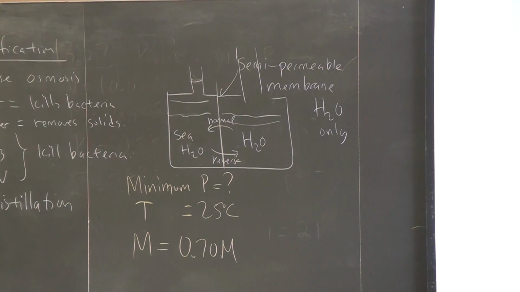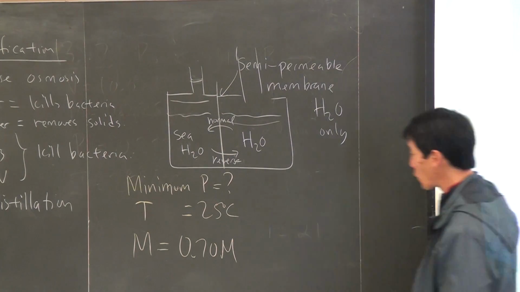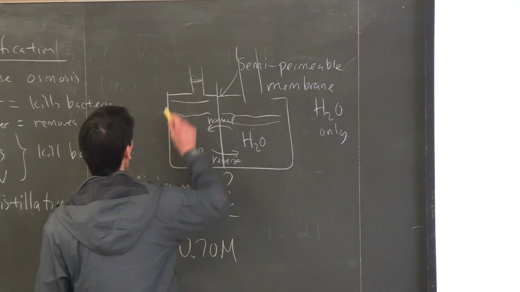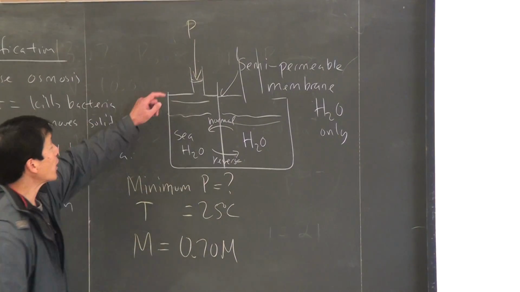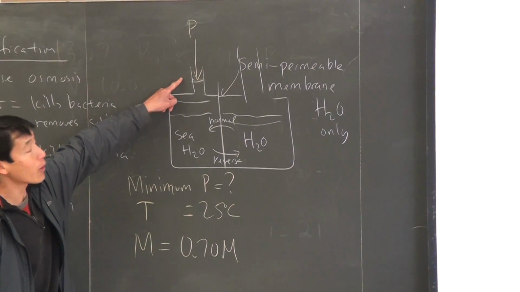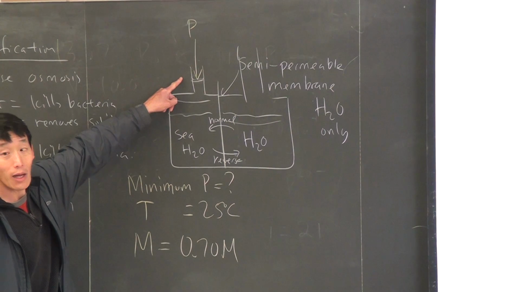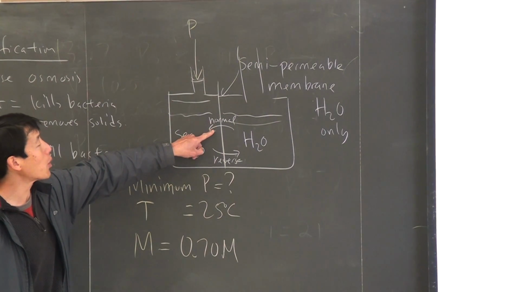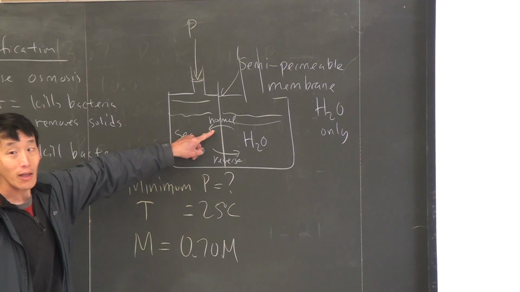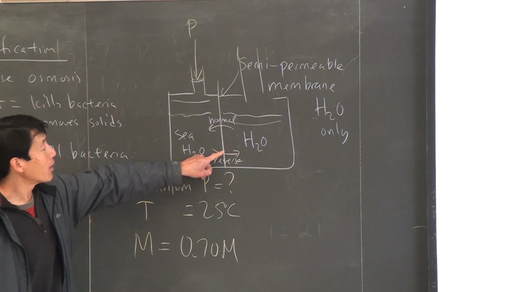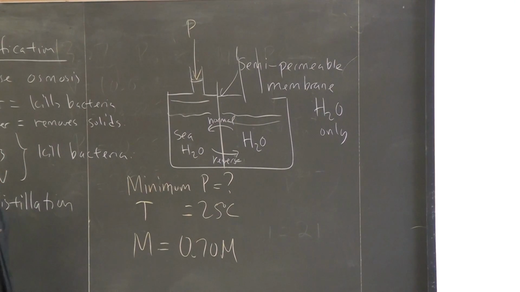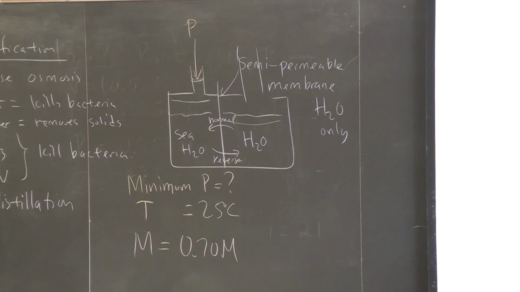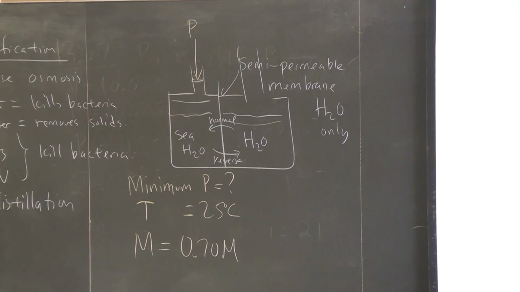Okay, so in this diagram, what we need to do is apply a pressure. We need to apply pressure to this side of our reverse osmosis cell to stop normal osmosis from occurring, and then to get the reverse osmosis process going. That's a good question.